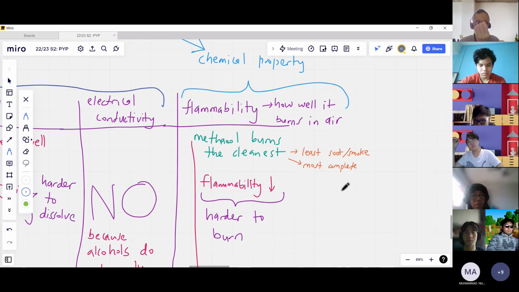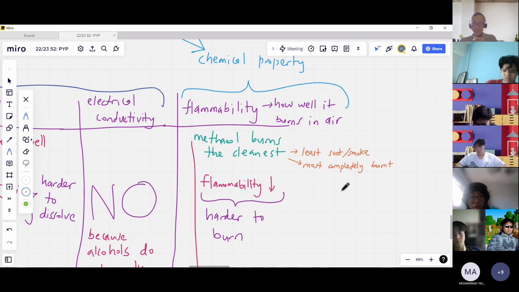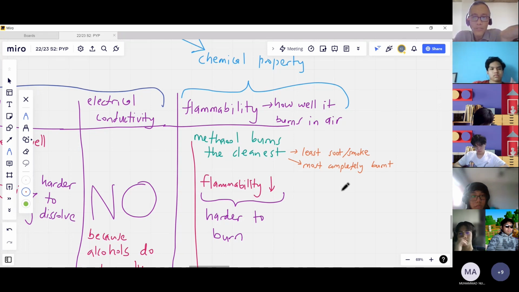You hardly have any unburned fuel. So that is the meaning of clean fuel. It burns off easily, without smoke, without soot. It is completely burned off. You don't have any unburned stuff.